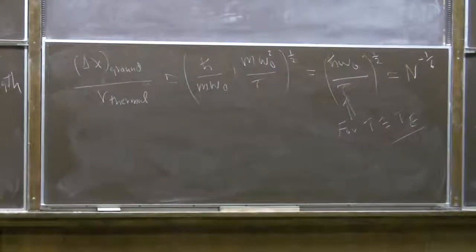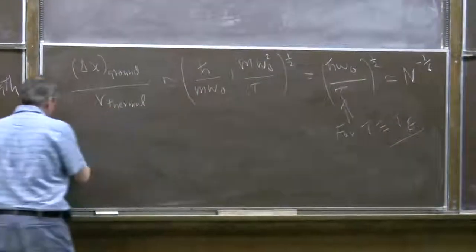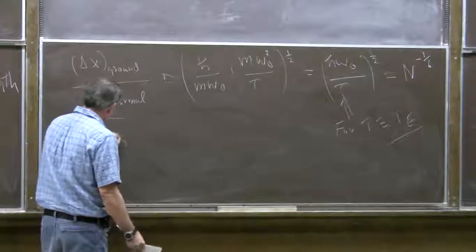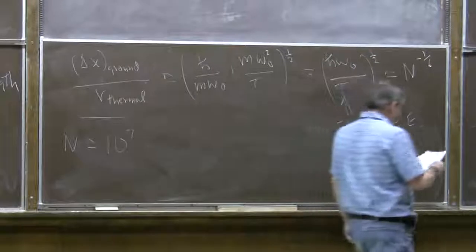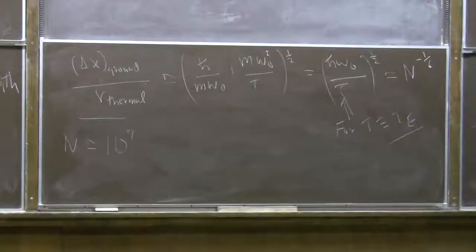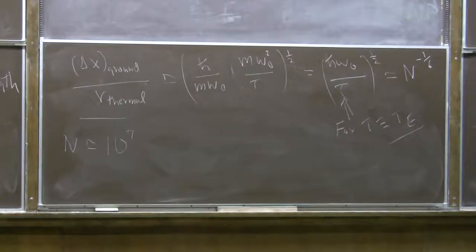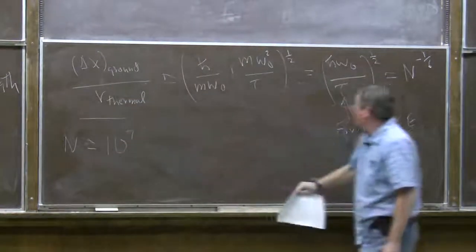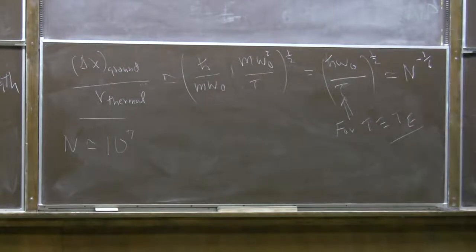And that's what they see. So in the original experiments, like I said, the number of atoms was about 10 to the 7. And the total volume occupied was, well, it doesn't matter. Anyway, this was smaller than the thermal size by a factor which was more than 10. So it looked like a little nugget in the middle.